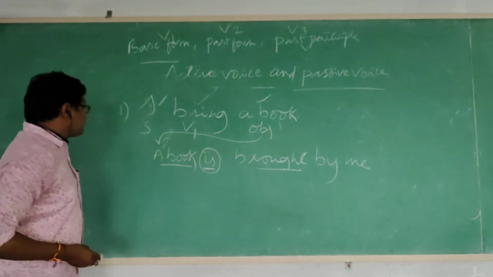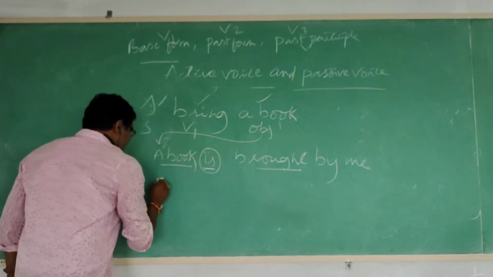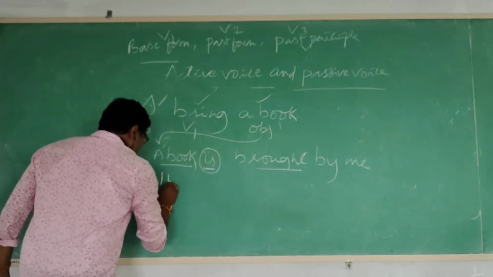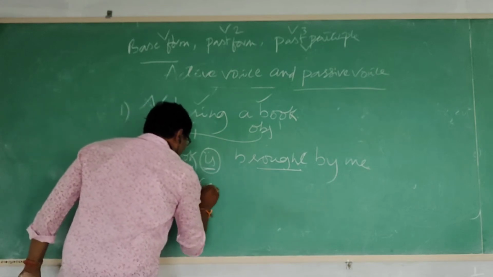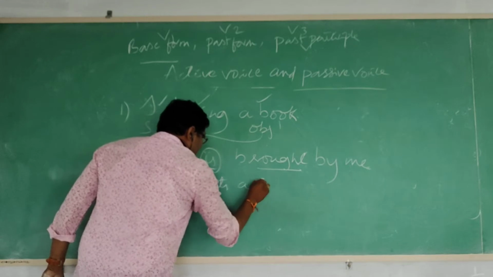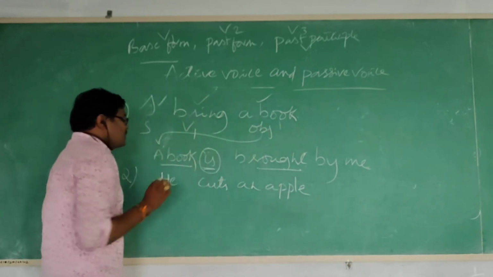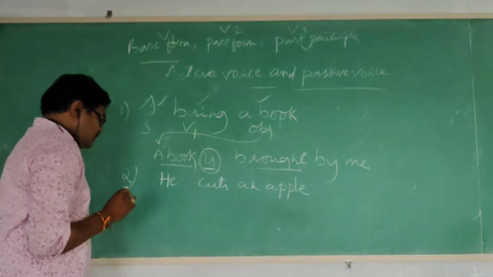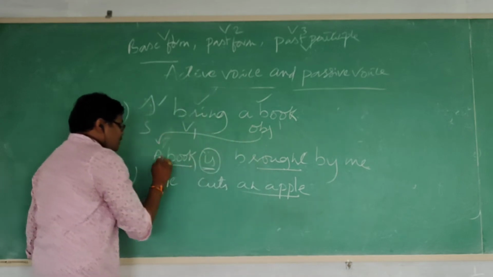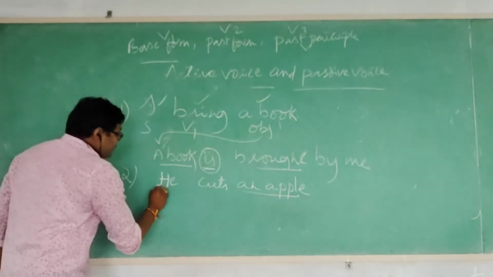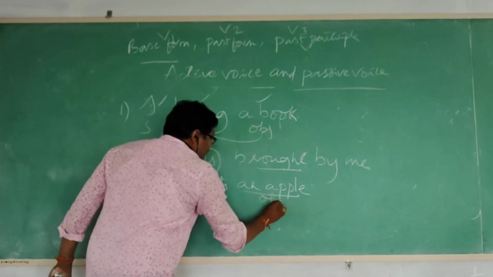Now let us see another sentence. See, he cuts an apple. Right? Here we can see an apple. As for the first rule, we have to find out subject, verb, and object.